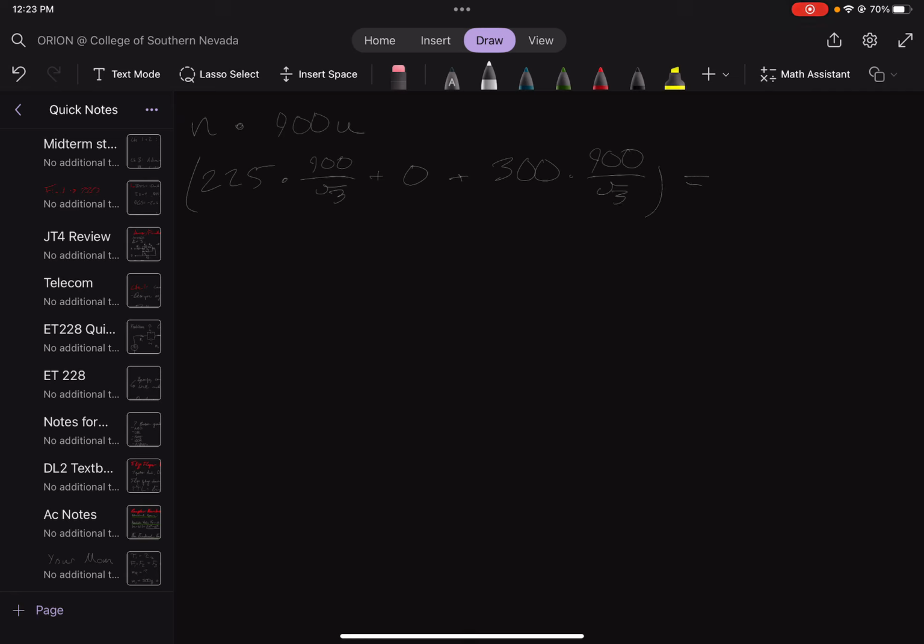And once we do all the math behind that, we get 225 times 900 plus 300 times 900, and that equals 472,500. And then we can put that all underneath the square root of 3.